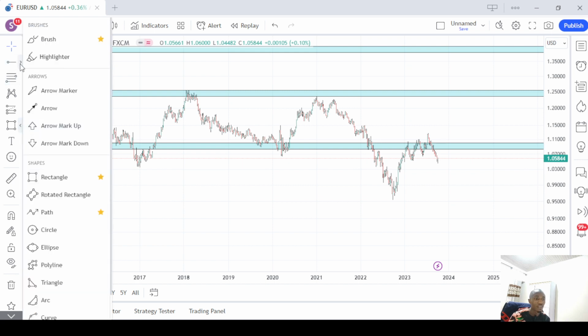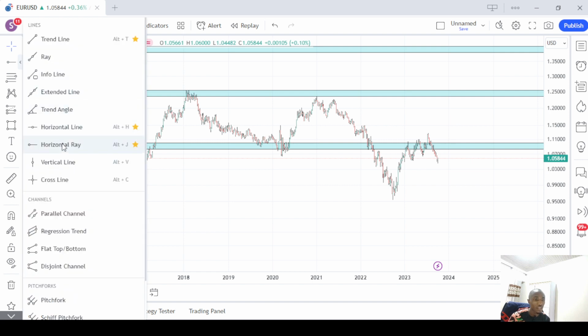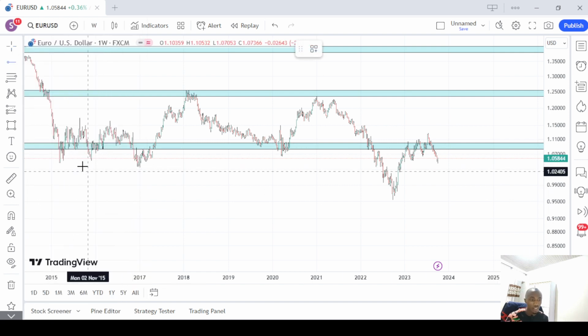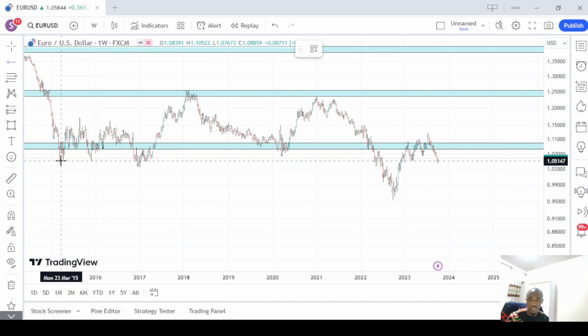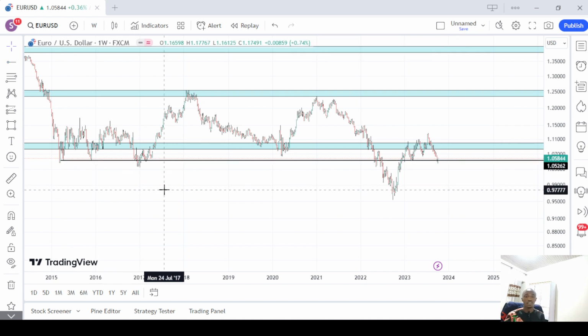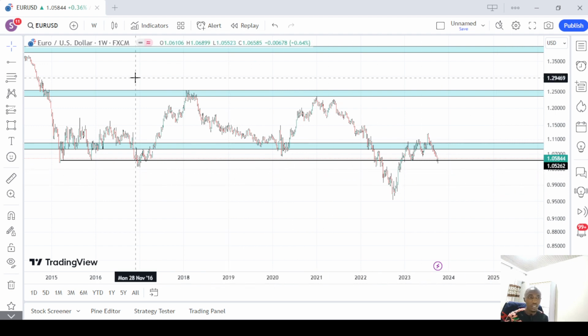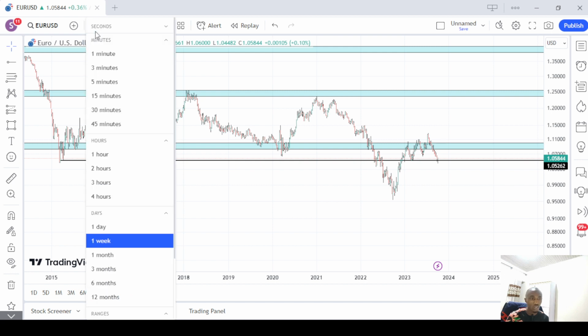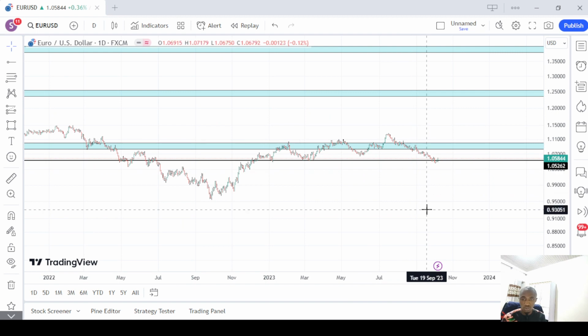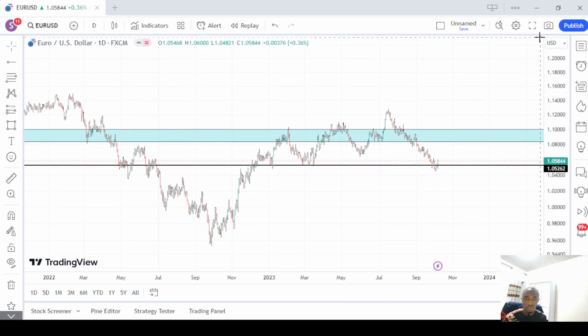You can have a horizontal ray that will guide you like this. You have a horizontal ray here. Then you're done. For that, you go on your daily time frame.